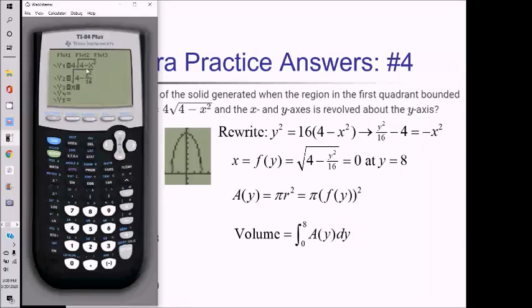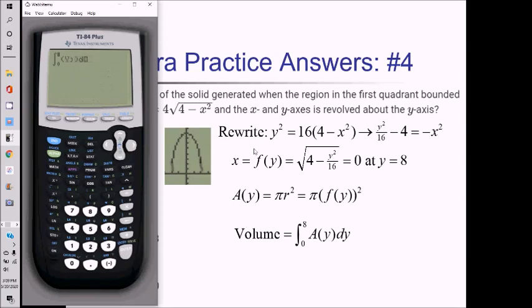Now since I have already all this stuff in as y2, I can just do alpha trace y2 and then just square that, and that basically does what we're doing over here. Let me quit out of there now. And to do this integral, now all I have to do is math 9, 0 to 8 for the integral. And I stored A of y as y3, so I'll do alpha trace y3.